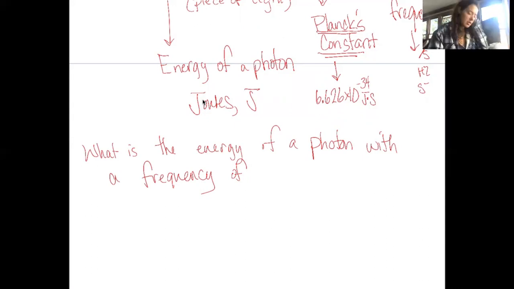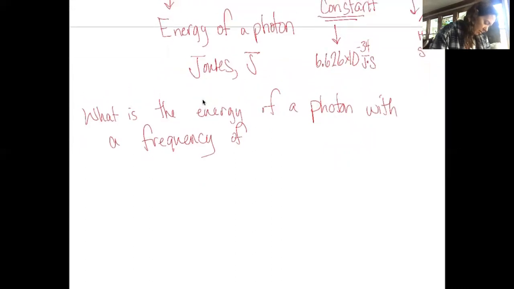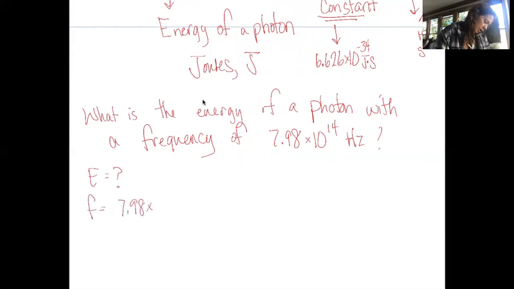Trying to get a number that makes sense. I'll just make it up. 7.98 times 10 to the 14th hertz. Question mark. So energy equals question mark. Frequency equals 7.98 times 10 to the 14th hertz.